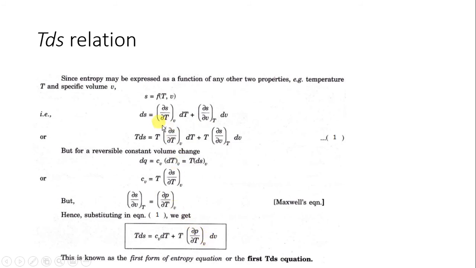So this first part, T dou s by dou T at constant V, is replaced by Cv, and this second part is replaced by this part using the Maxwell relation. So you will get this as the first TdS equation. Now why we are deriving this TdS equation is because we have to use this equation in Mayer's relation, which we will see afterwards.